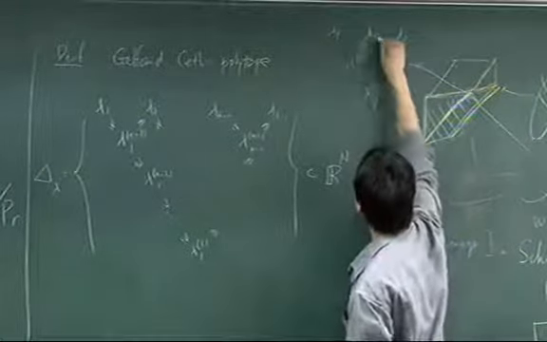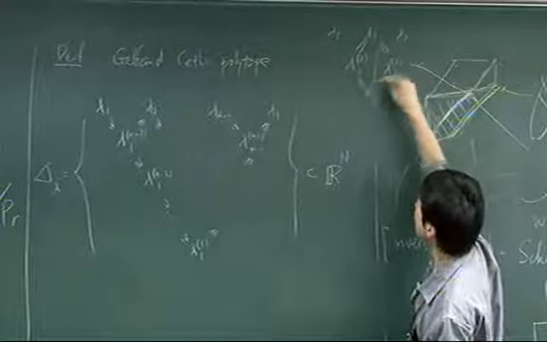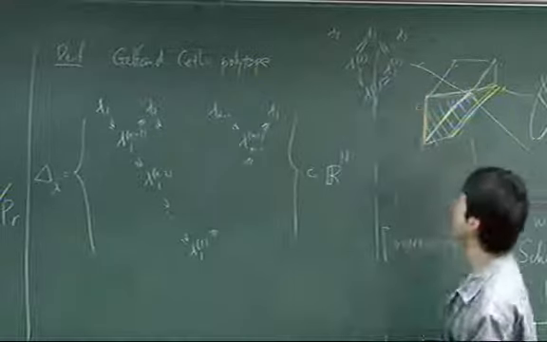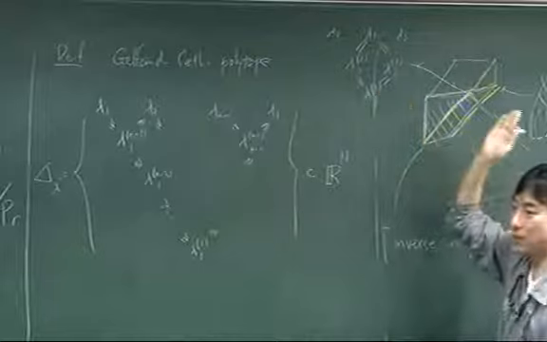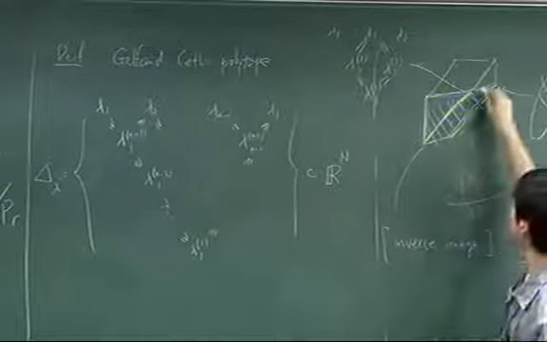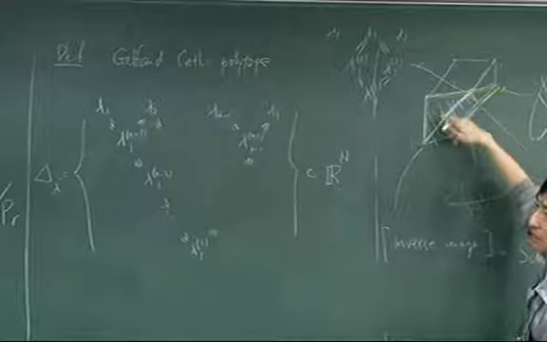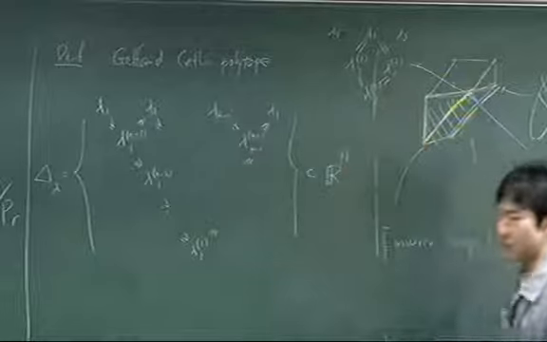Then these two are equalities, so this has to be the same. This corresponds to the point. Each equality corresponds to a codimension-one face. So here 4 faces are intersecting at this vertex. This corresponds to these 4 equalities.